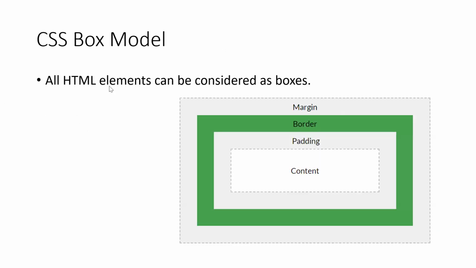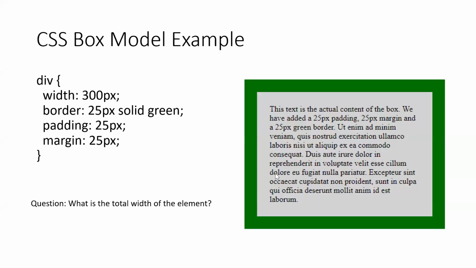If you remember what we discussed, what do you mean by width here? The dimension, right? When you talk about the dimension, you have to talk about the border, the padding, and the width of the content. So that is what we call the width. Depending on what you are given here, can you tell me what is the width?